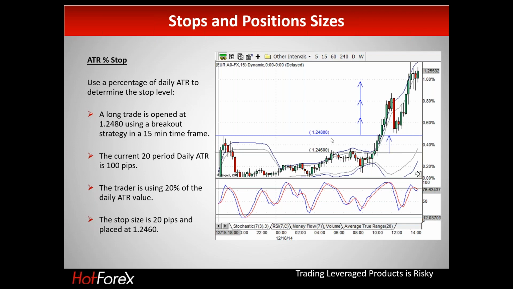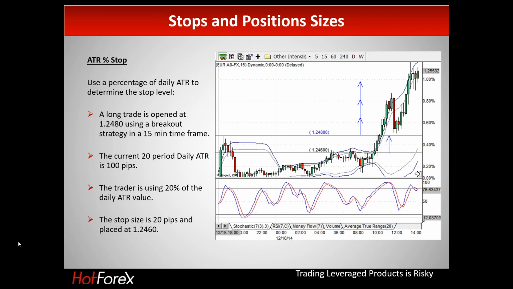The stop loss was set 20 pips below the entry point, and the target was set at the 125.50 level, around 60 pips higher.